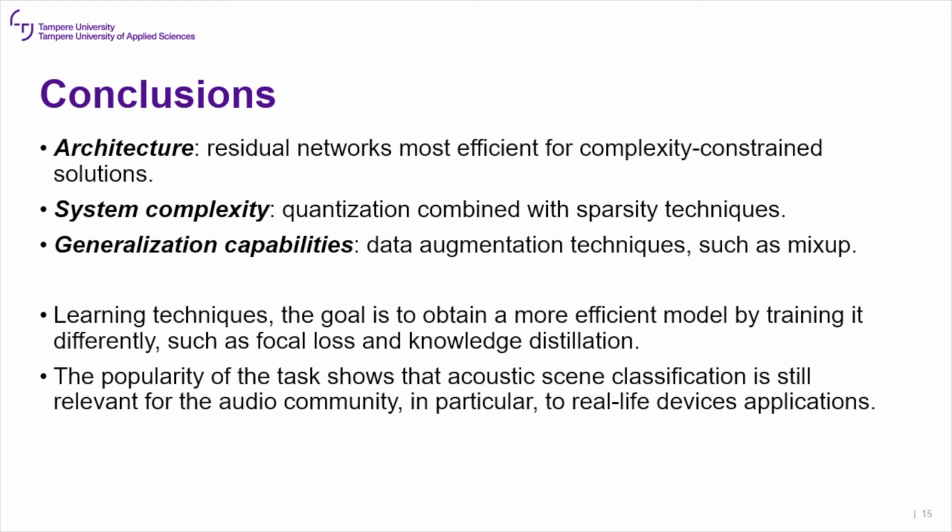Residual networks have been shown to be the most efficient regarding acoustic scene classification for complexity constrained solutions. Although quantization combined with sparsity techniques have shown to be the most efficient and popular ones for reducing system complexity, model architecture and other learning techniques, such as focal loss and knowledge distillation, must be considered in order to achieve good classification performance.